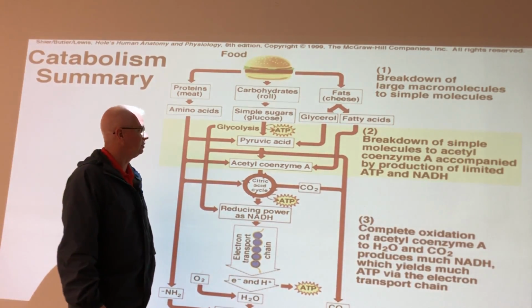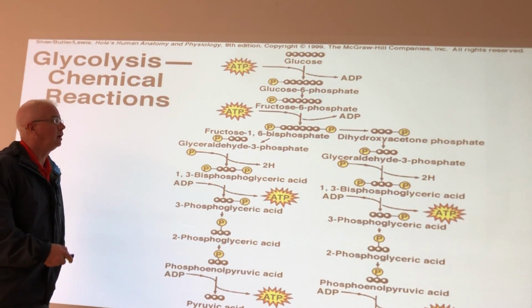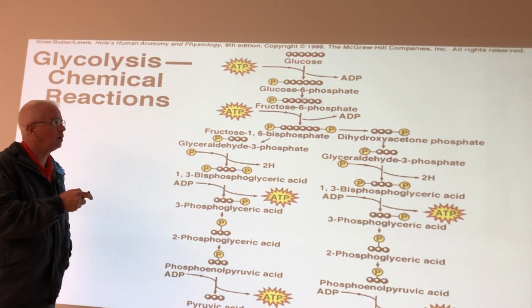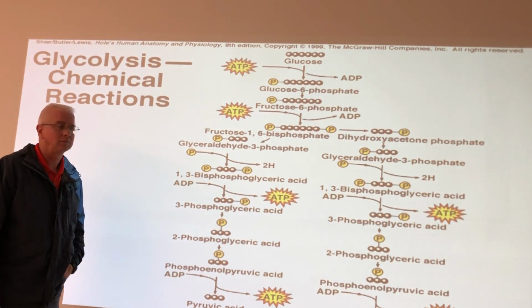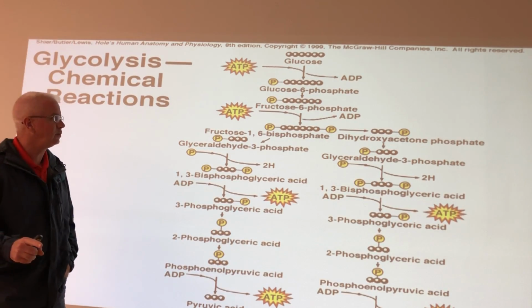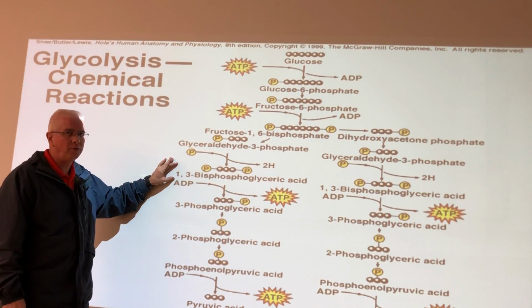All right, the first series of reactions that we looked at was this one. The anaerobic pathway we call glycolysis, converting the 6-carbon glucose into 2 3-carbon pyruvic acids. All right, so you do not need to memorize the steps of this reaction. You should be aware of the importance of 1,3-BPG.